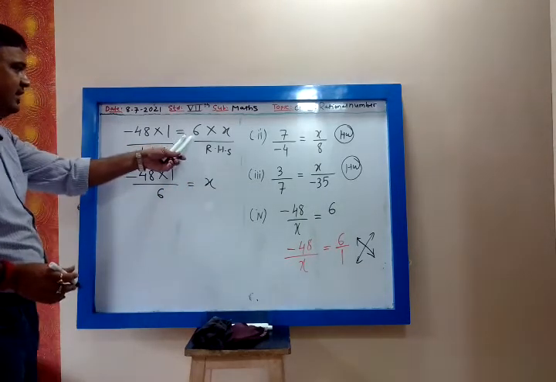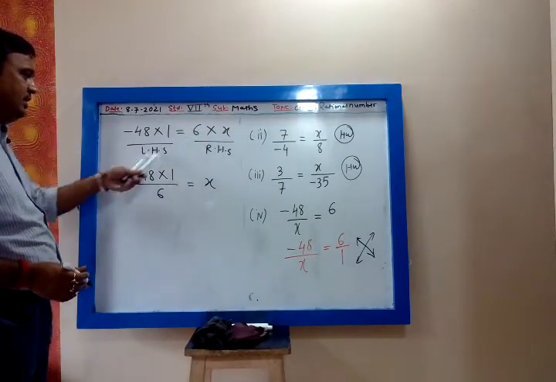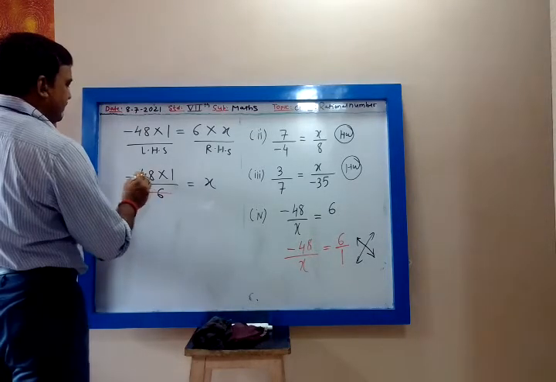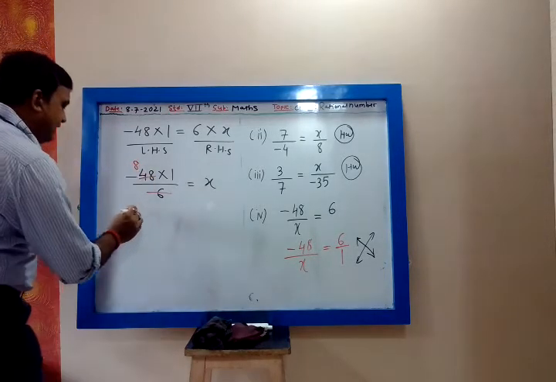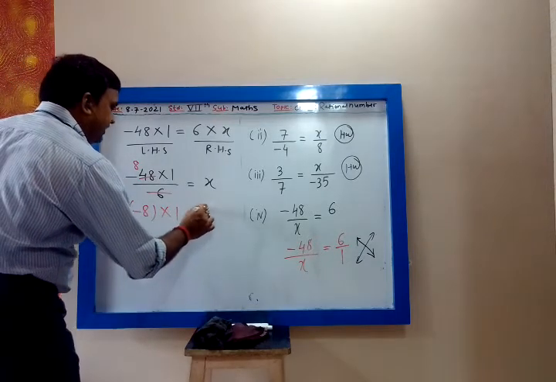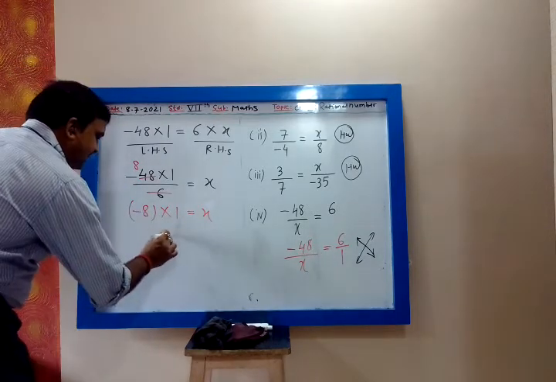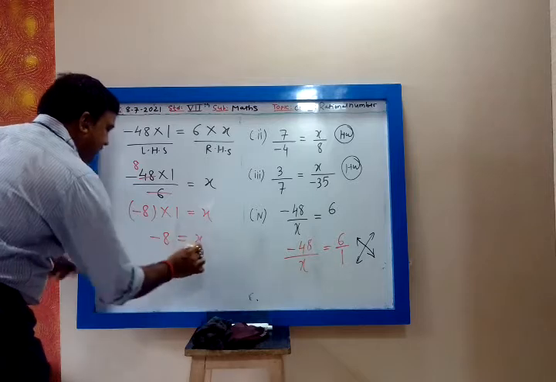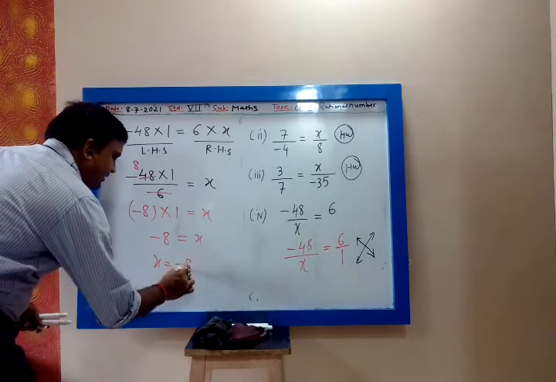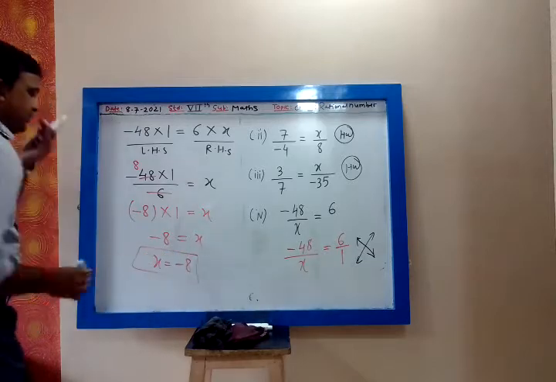Now you can cancel. 6 8s are 48. So minus 8 into 1 is equal to x. So you will get minus 8 is equal to x. Plus into minus, minus into plus minus. So the answer is x is equal to minus 8.